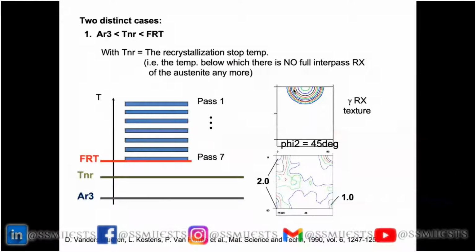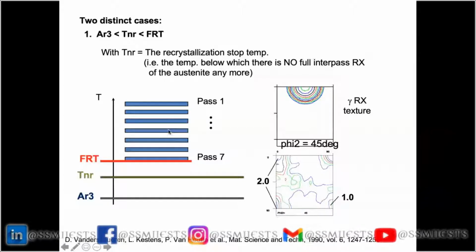Now, you can apply this in an industrial context. This is old work from my PhD, when we investigated the hot band texture generated if you roll low carbon steel or even IF steel. If the finish rolling temperature is above the TNR temperature, that means all of the hot rolling is done with full interpass recrystallization.